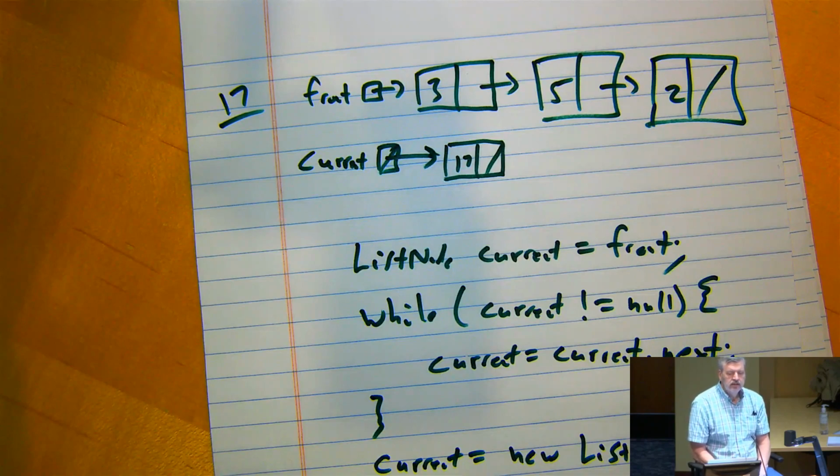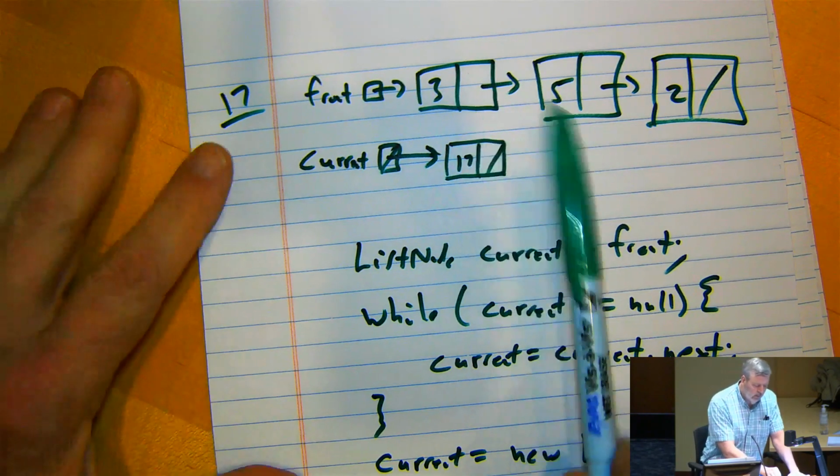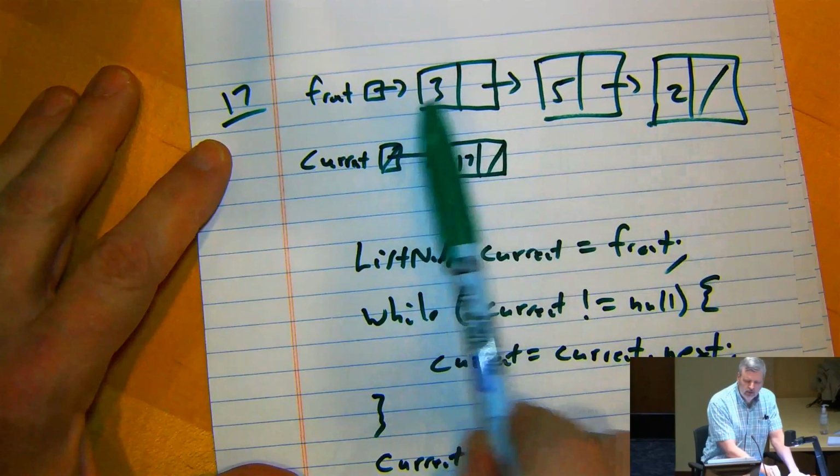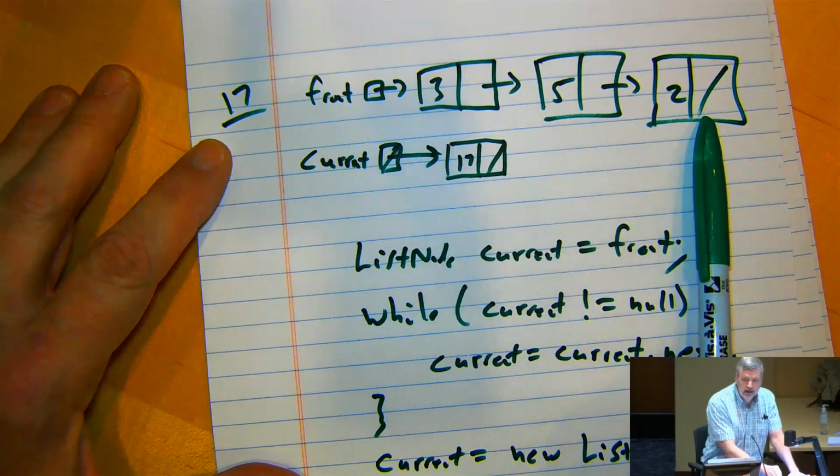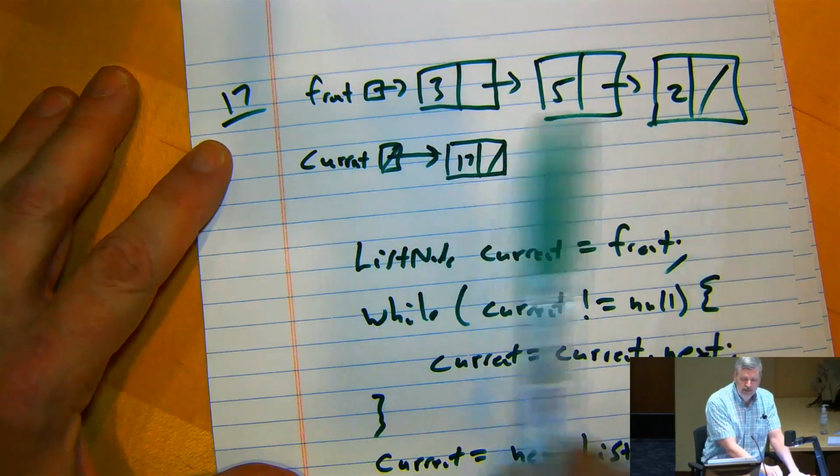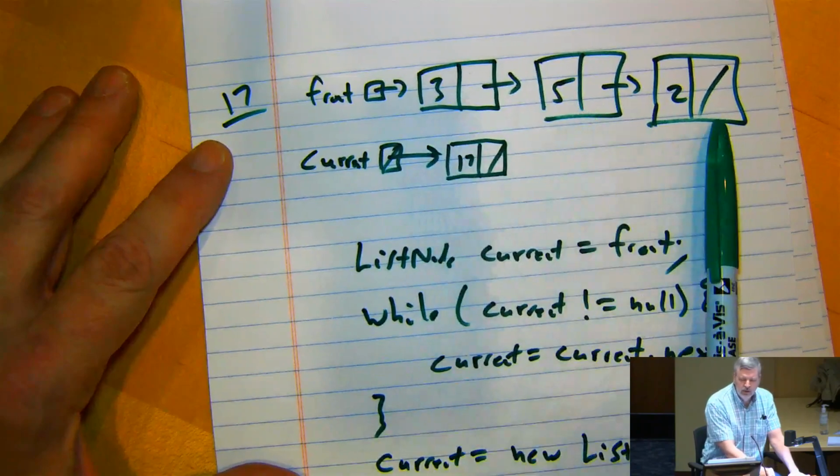And the question is, have we added it to our list? The answer is no. The list was a 3-element list, that's got a 3 and a 5 and a 2 in it. And it's still a 3-element list that's got a 3 and a 5 and a 2 in it.